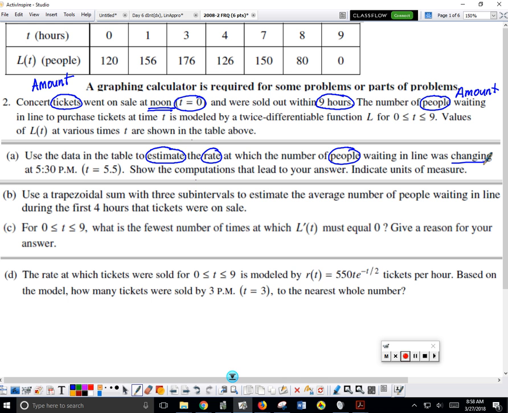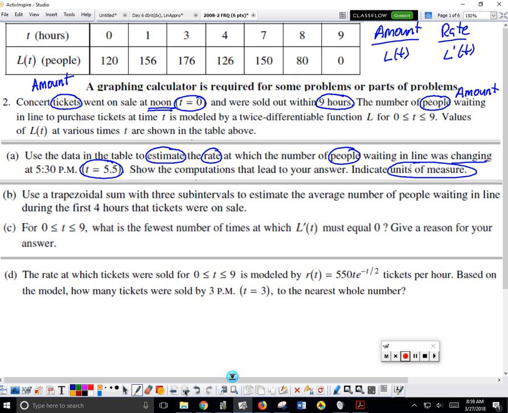So let's see. I would have said, we've got the amount here, the people waiting in line, that's L. Therefore the rate is L prime. It says estimate the rate at this time, show the computations, indicate units.